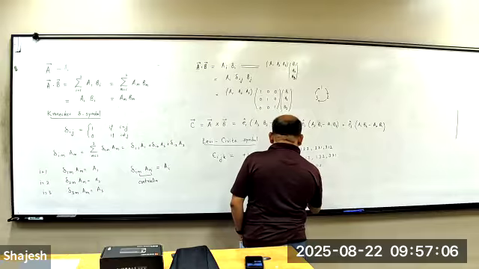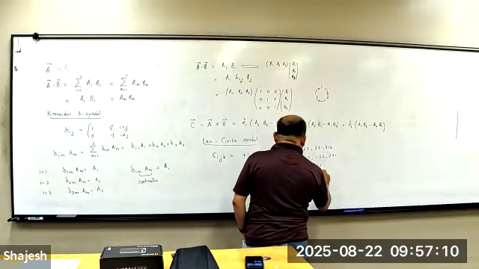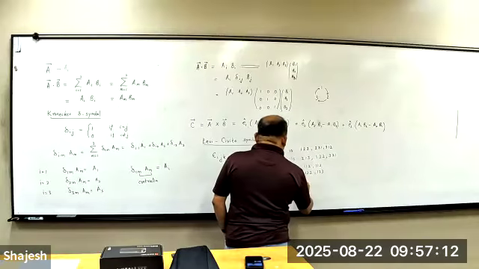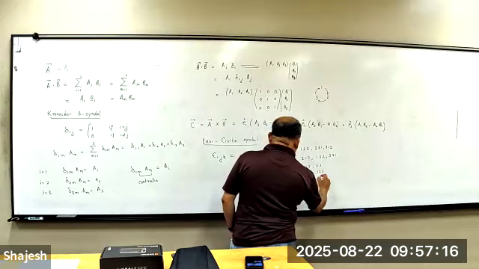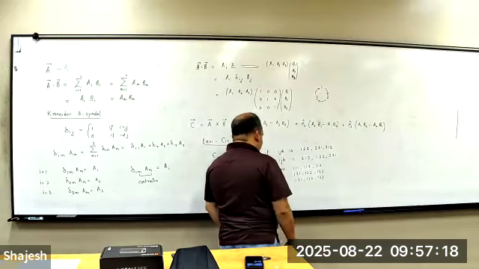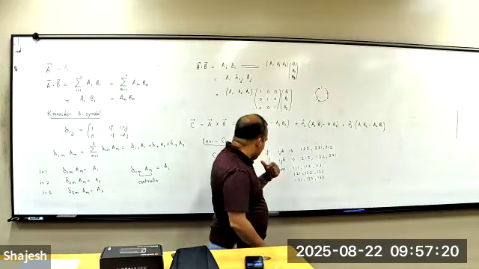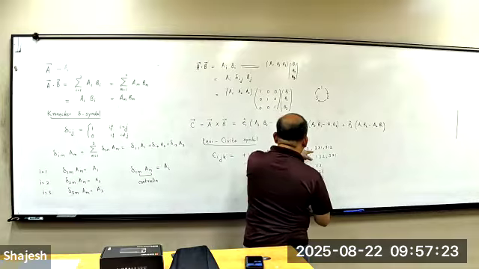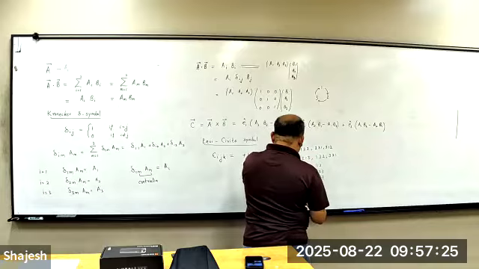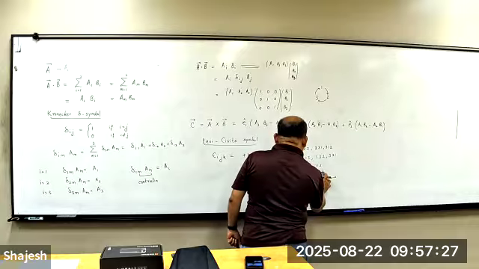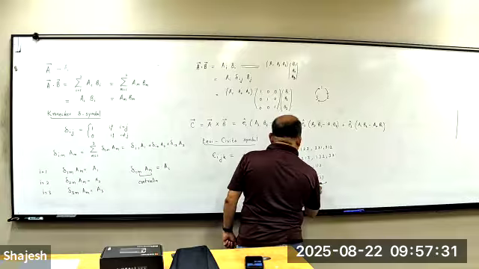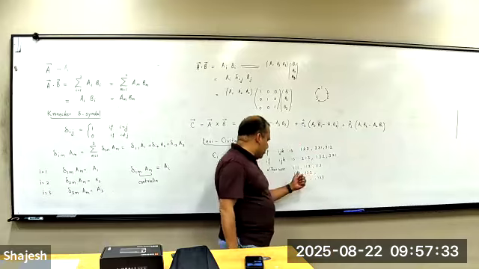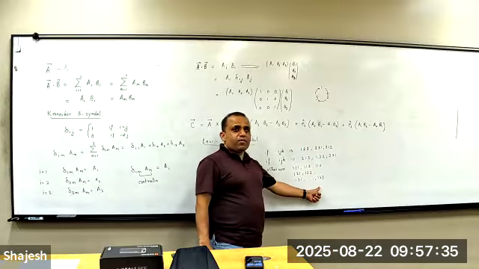And now I start again: 1, 2, 1, 1, 2, 2, 1, 2, 3, 1, 3, 1, 1, 3, 2, 1, 3, 3. That's 9 of them. Which one did I miss? This cannot be there, so remove this, 1, 3, 1. This one also. So 7 are remaining.